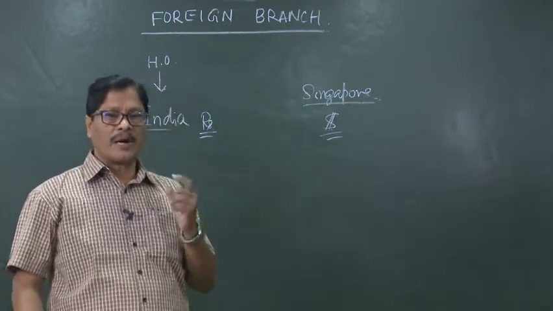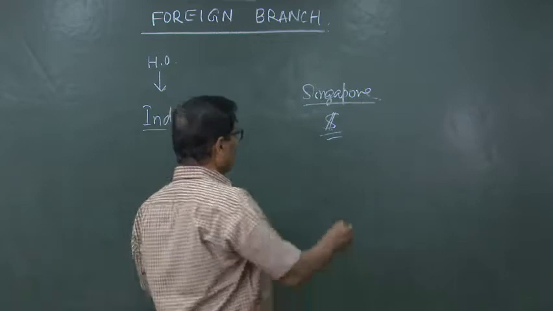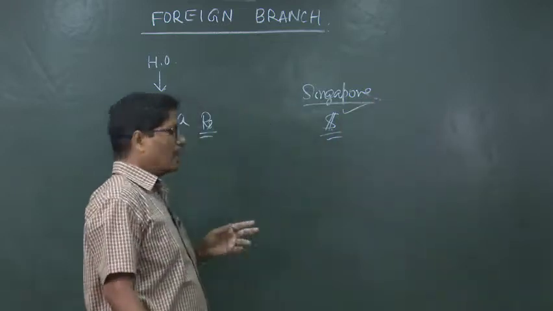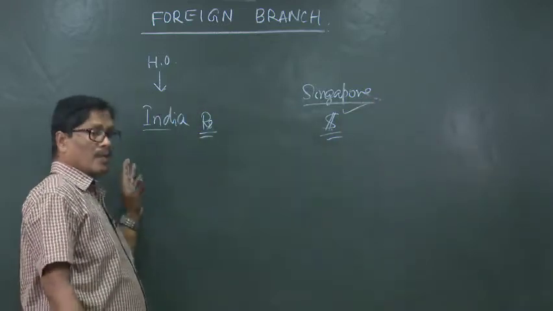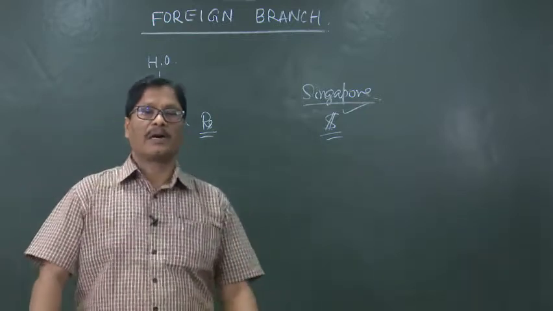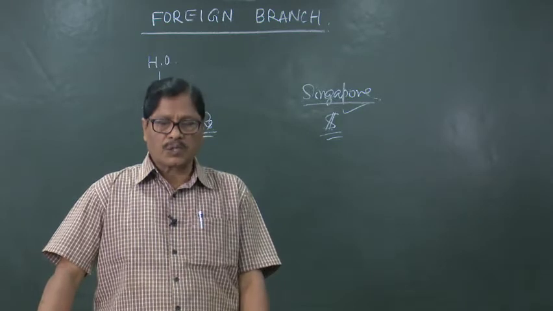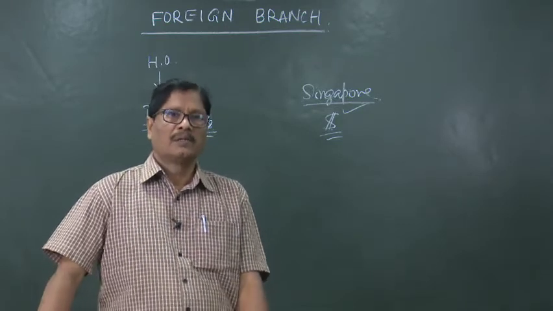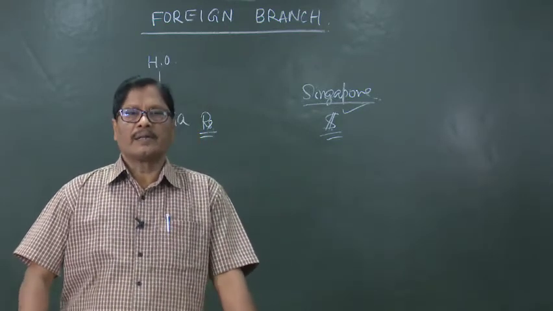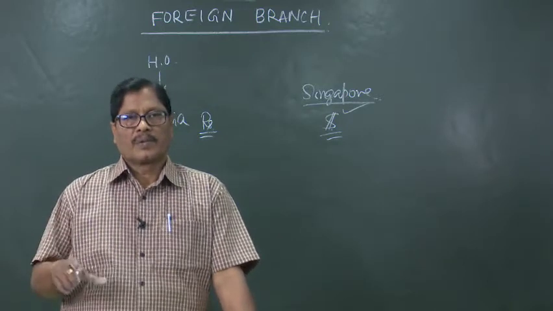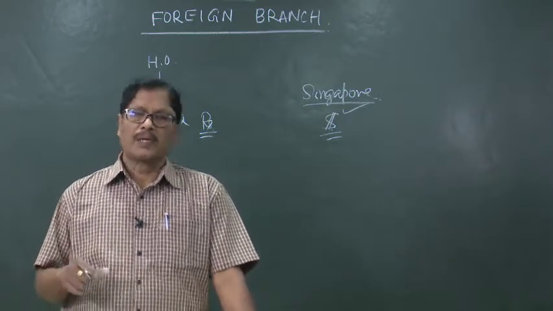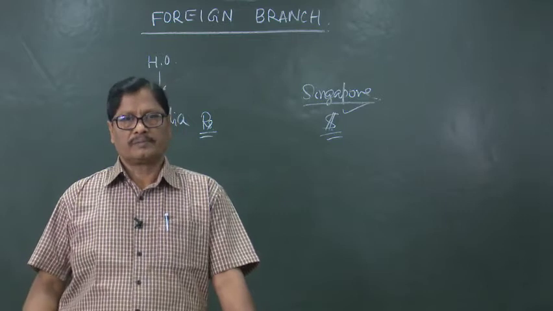We have to convert these items expressed in terms of dollars to Indian rupees while preparing the head office accounts. So, in the books of the head office, the first task is to convert all the items appearing in the branch trial balance to Indian rupees.